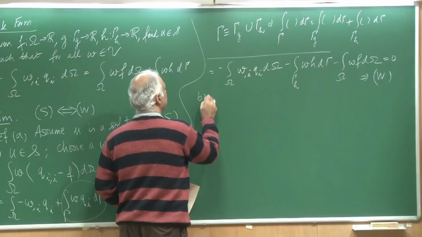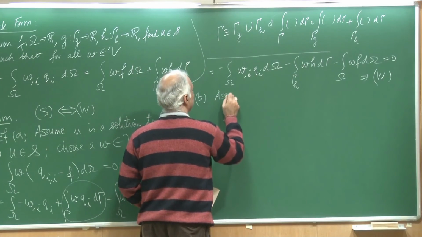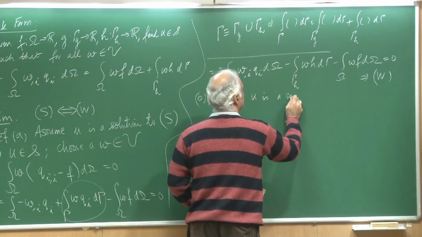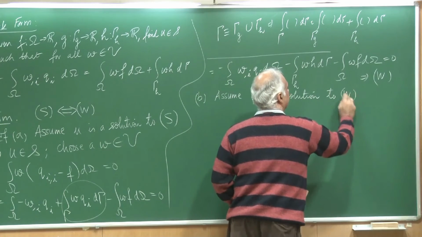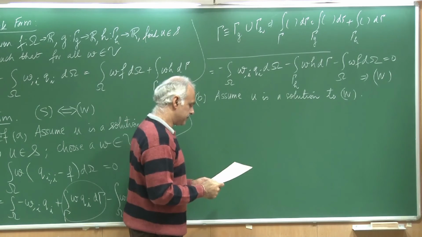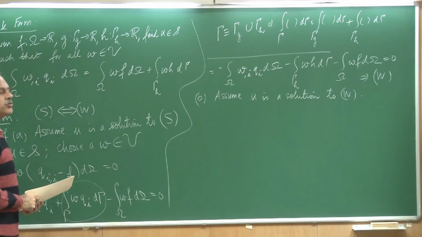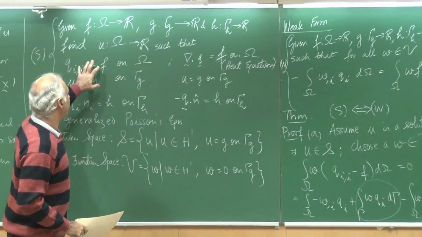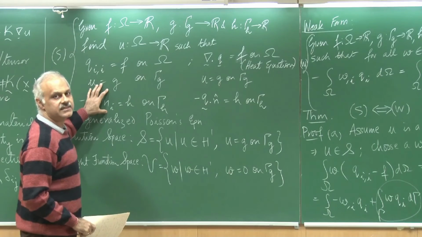Now we go to part B, wherein we want to show that, assume that u is a solution to the weak form. And now we would like to derive from it the strong form. To show the strong form, we have to prove two things. Okay? So we have to show that the strong form has the differential equation and the two boundary conditions.